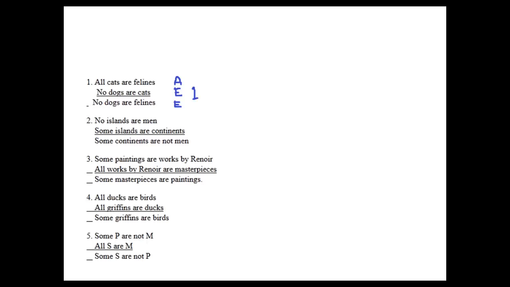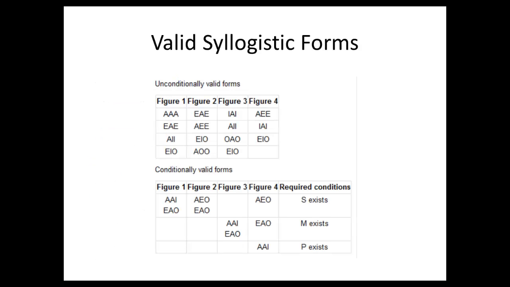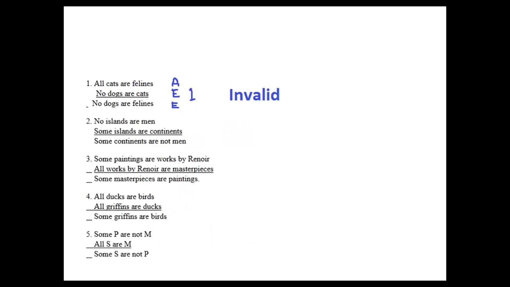And this is a figure 1 argument. The easiest way to tell is by looking at the placement of the middle term. Now we look at our trusty table to see whether a figure 1 AEE argument is valid. It is not.